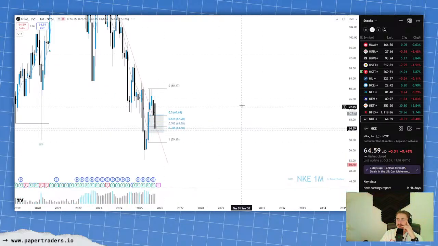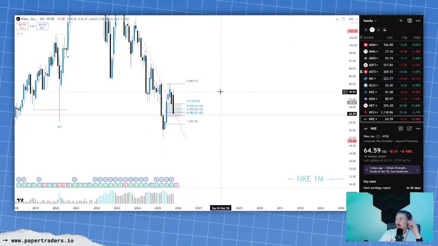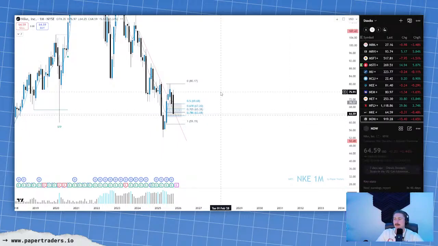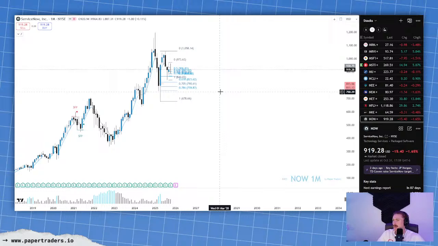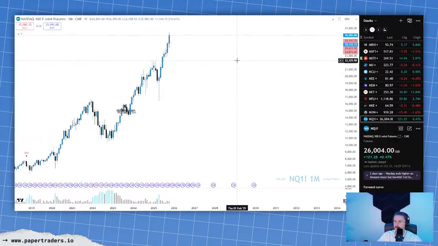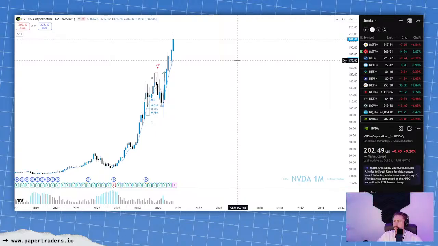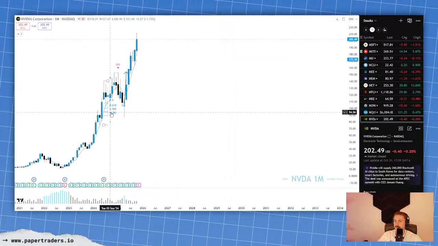Just awesome. So maybe outside month. Yeah, possible. Now, nothing inside month. NQ crazy. Nvidia, same thing here, just insane.